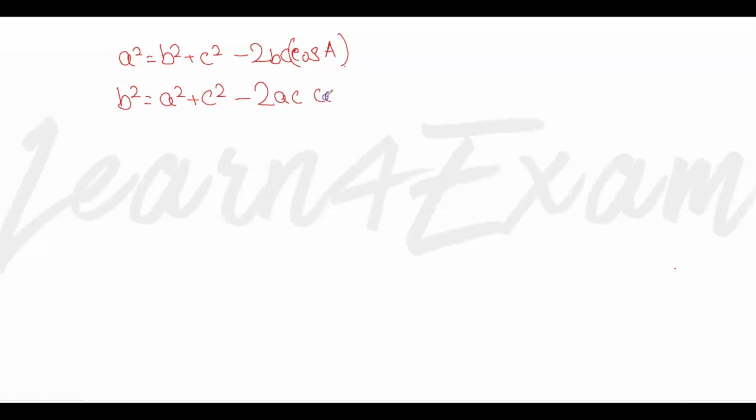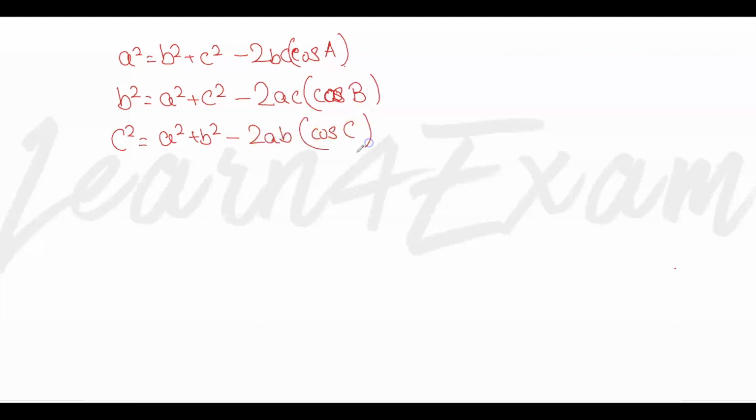According to the cosine rule, if I have a triangle with sides a, b, c, then a square is equal to b square plus c square minus 2bc cos of angle A. Similarly, b square is equal to a square plus c square minus 2ac into cos of angle B. And similarly, c square is equal to a square plus b square minus 2ab into cos of angle C.